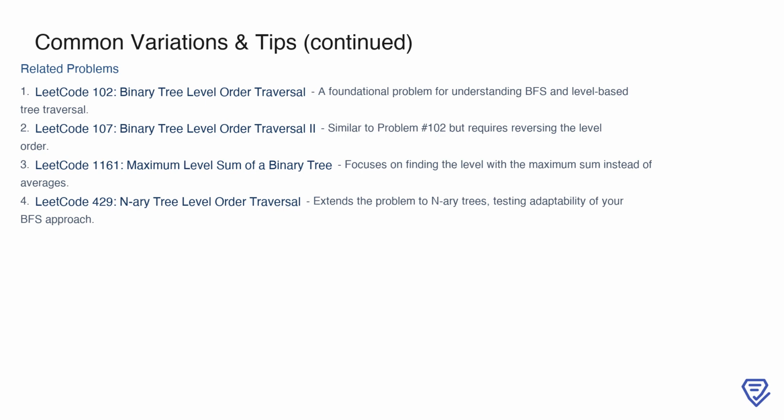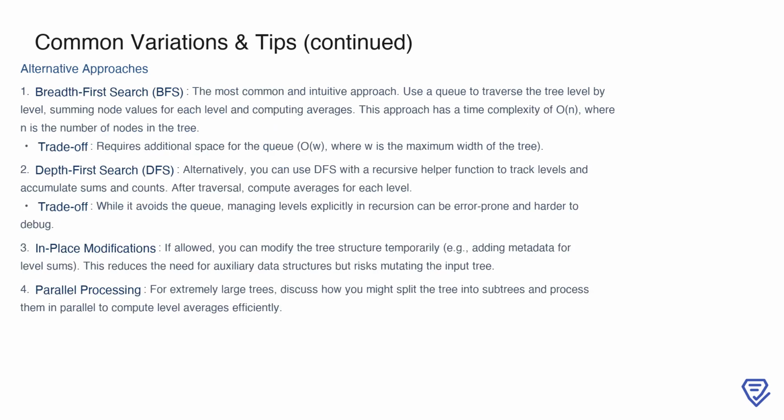Finally, let's explore some alternative approaches to solving this problem. The most common and intuitive method is breadth-first search, or BFS. Using a queue, you can traverse the tree level by level, summing the node values for each level and then calculating the averages. This approach is efficient, with a time complexity of O(n), where n is the total number of nodes.